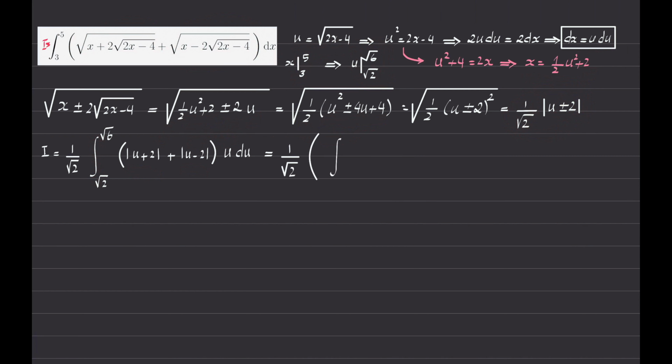Integral from square root of 2 to square root of 6, and then I have absolute value of u plus 2 multiplied by that u du, plus integral from square root of 2 to square root of 6, absolute value of u minus 2 times u du.